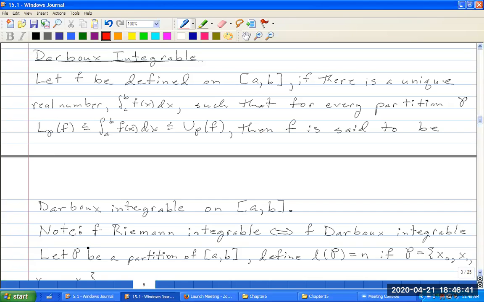Note, f is Riemann integrable if and only if f is Darboux integrable. So these two concepts are the same. Usually we introduce both, and eventually, after a little practice, we stop talking about Darboux integrability and just deal with the Riemann integral.